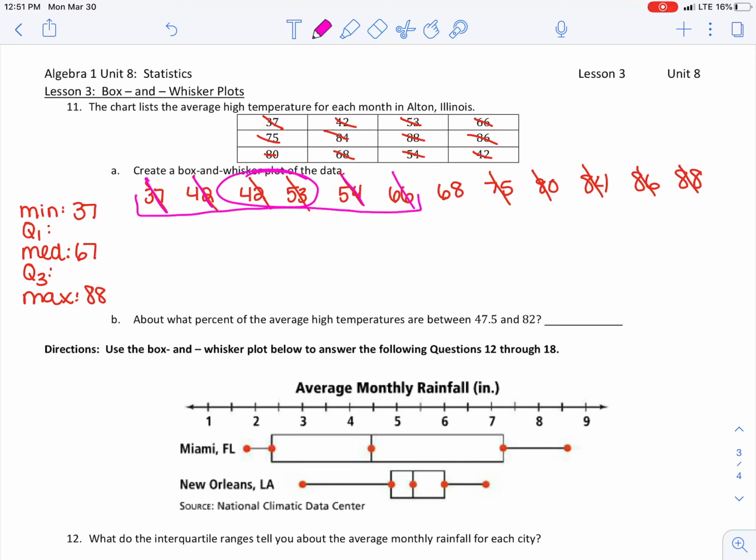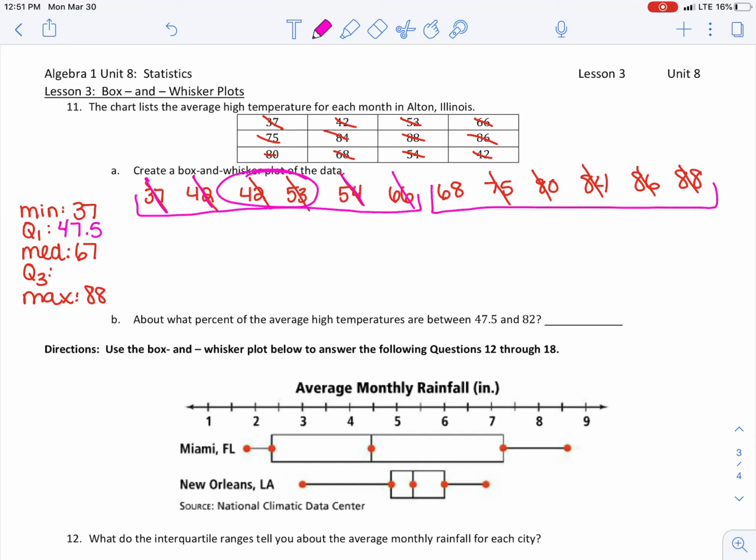So in order to find the median, I have to add them together, and I have to divide by 2. So 42 plus 53, and then I need to divide that by 2. And I get 47.5.